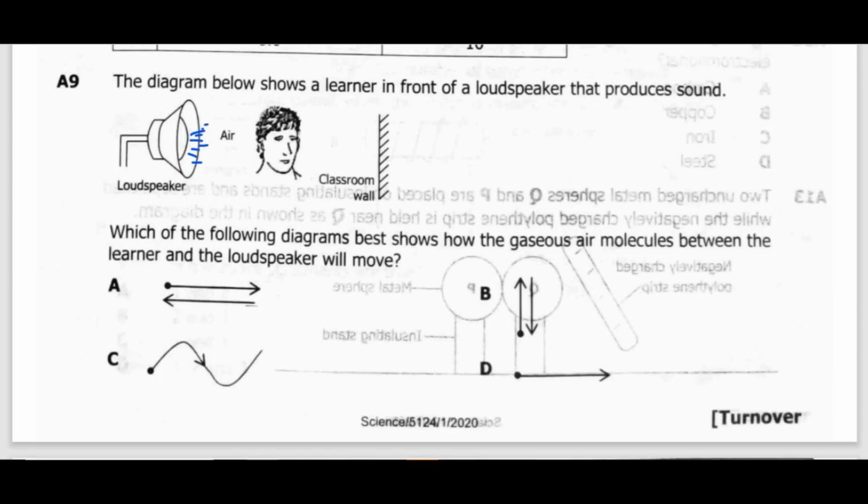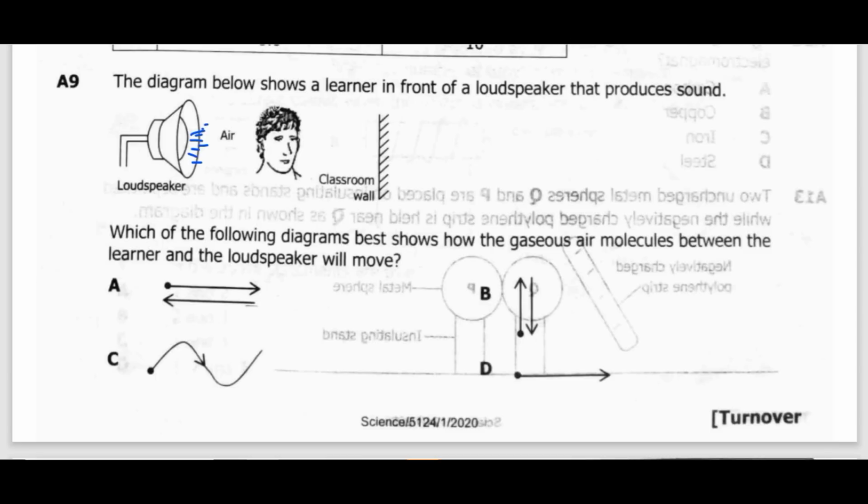Just imagine this is you now. Which of the following diagrams best shows how the gaseous air molecules between the learner and the loudspeakers will move? So we want to know how the molecules will move from the speaker to the ear of a learner.